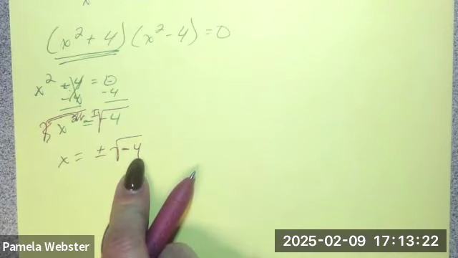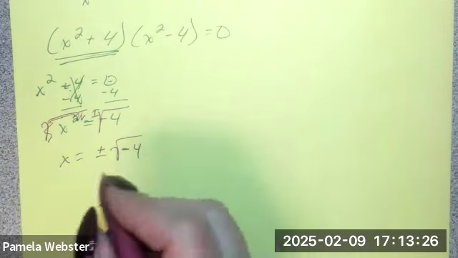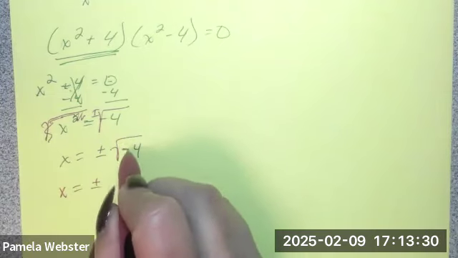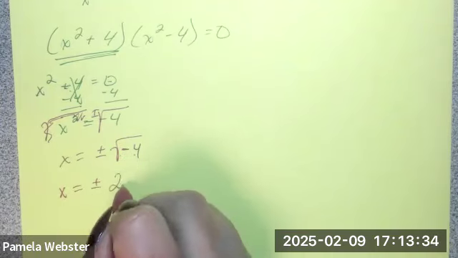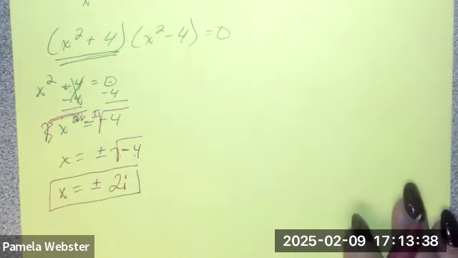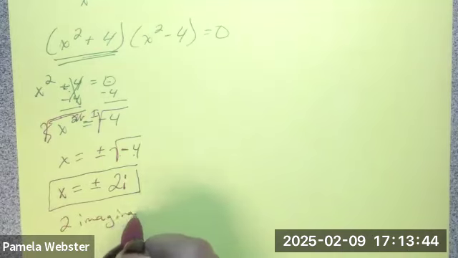Sure enough, this shoots me into imaginary numbers. The square root of -1 gives me an i, and the square root of 4 is a 2. So this is 2i. I get a positive 2i and a negative 2i, so I have 2 imaginary solutions.